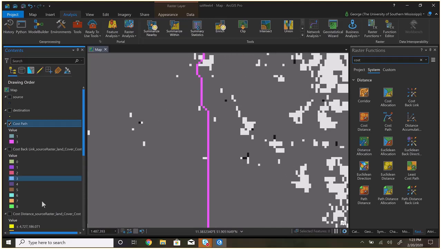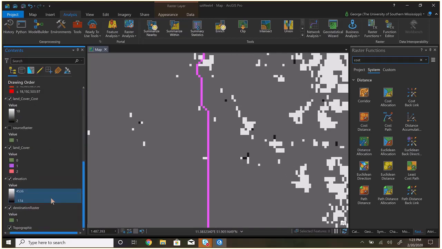So here is the cost. Your cost will be different. You should have a total cost layer, but here's the cost I used, the land cover cost. I want to add up all of the values underneath of this Pepto-Bismol colored raster to get the total accumulated cost.